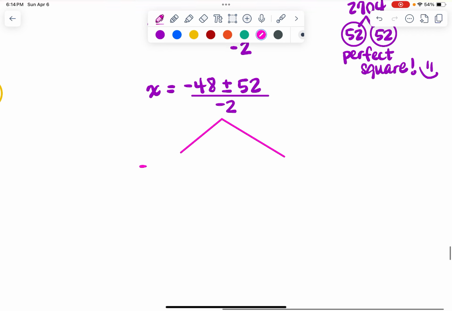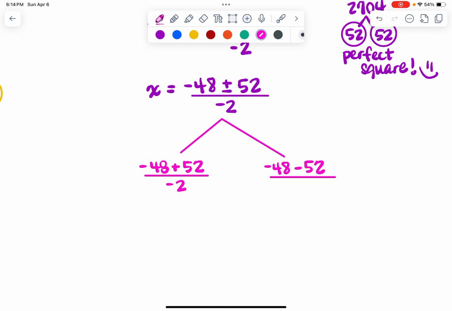One of my solutions is negative 48 plus 52 divided by negative 2. And the other solution is negative 48 minus 52 divided by negative 2. And you're going to want to type those in your calculator totally independently because they're going to give you two completely different answers, right?